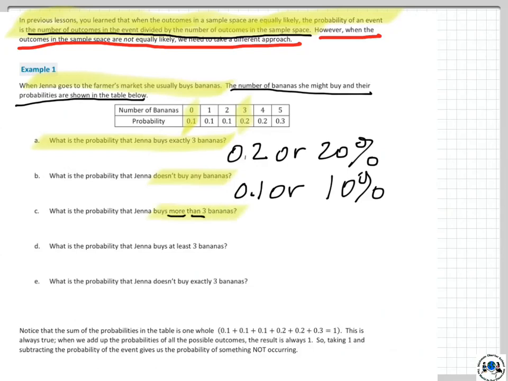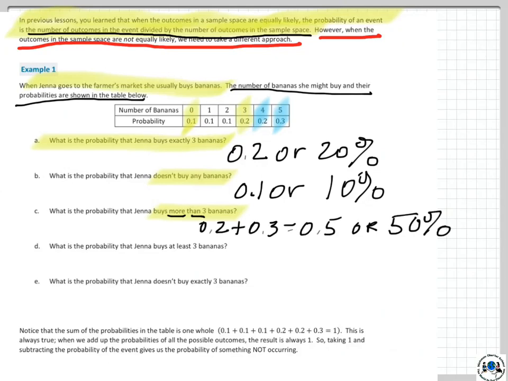C, what is the probability that Jenna buys more than 3 bananas? More than is going to include more than 1 column here. You can see those 2 columns, the 4 and the 5. 3 is not included because it is not more than 3. It is exactly 3. So we just pay attention to the 4 and 5 columns, and what we have to do there is add them up.